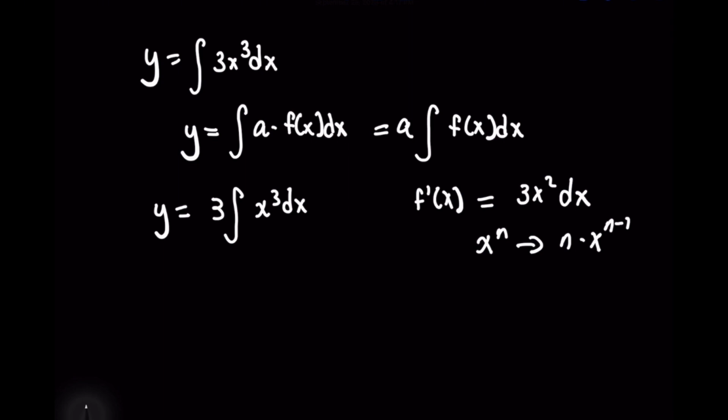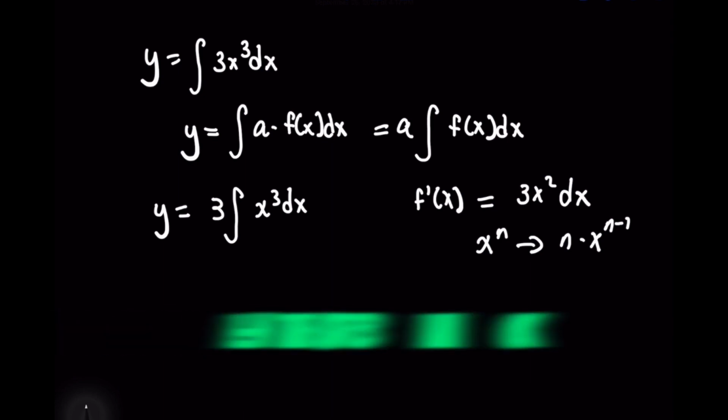So whenever you take the derivative of a polynomial, your power is going to decrease by 1. So if you take the derivative of x to the 4th, you get an answer that has a power of 3, etc. But remember, with an integral, which I gave you in the original problem here, we're going backwards.